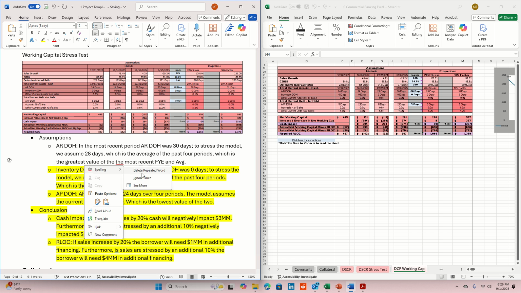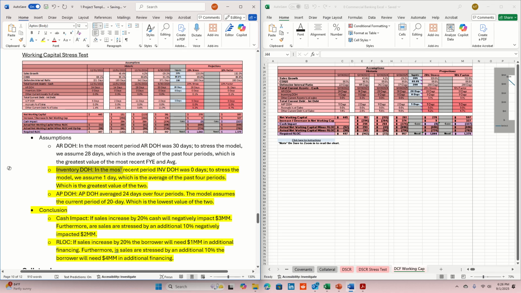Okay, that works fine. Inventory days on hand. Well, I'll show you how to do it with mine. In the most recent period, inventory days on hand was 0. To stress the model, we assume 0 days, which is the average of the 4 periods, which is the greatest of the two.